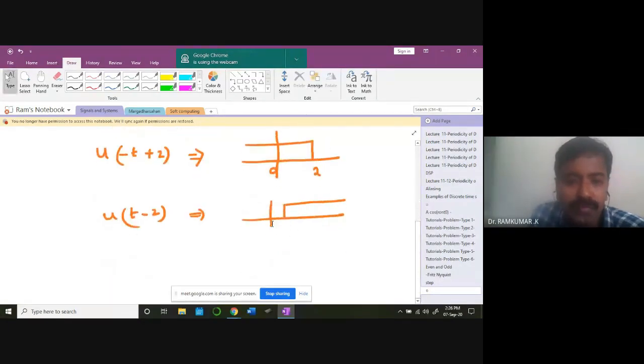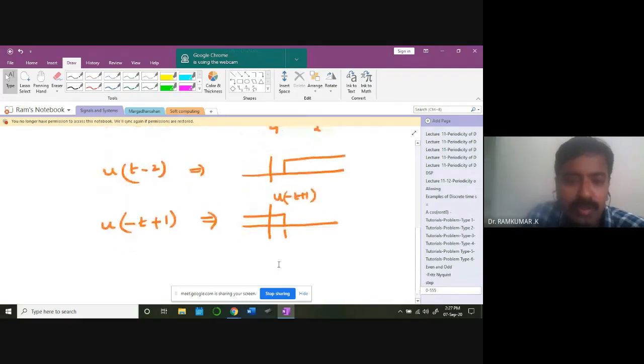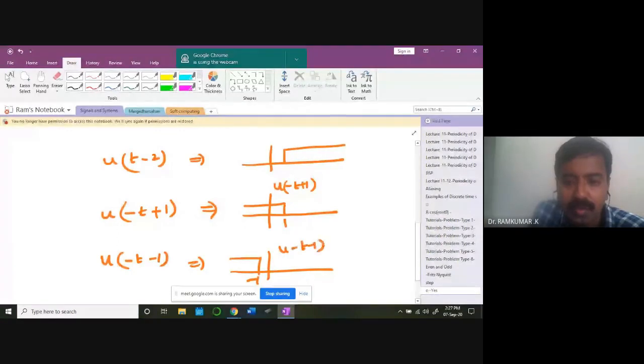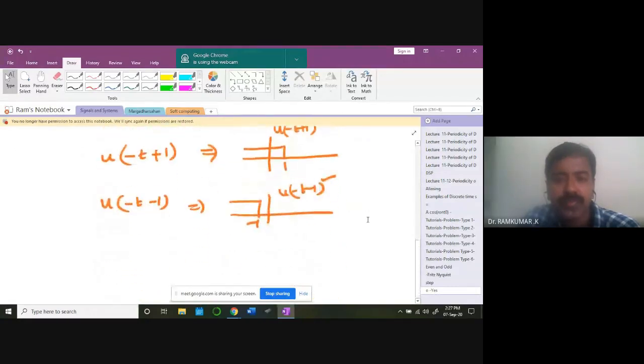Then u of minus t minus 1, what is that? How will the shift be? Clearly you can visualize it. Everybody with me here? Can you understand all these waveform shifts? Anybody having difficulty?